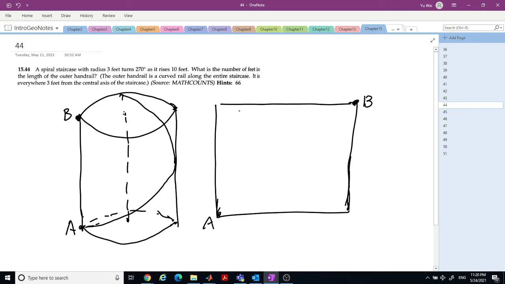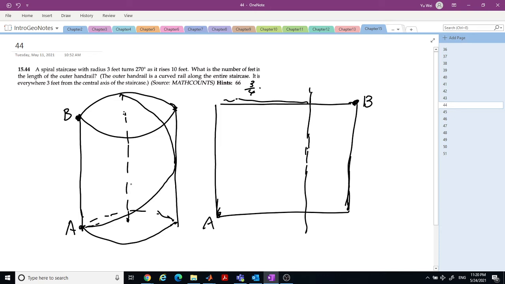Okay, and we are doing a three-quarter circle, right? So that means this one is 3/4 of the circumference, curved all along the entire way.